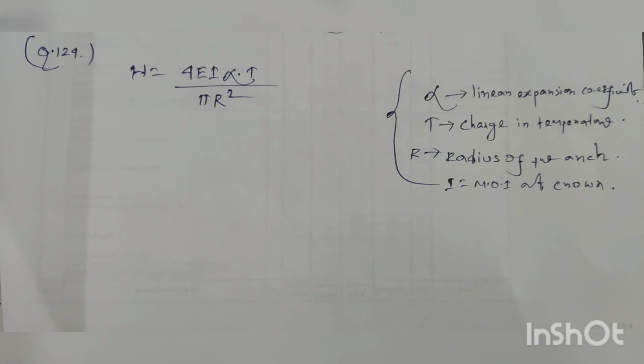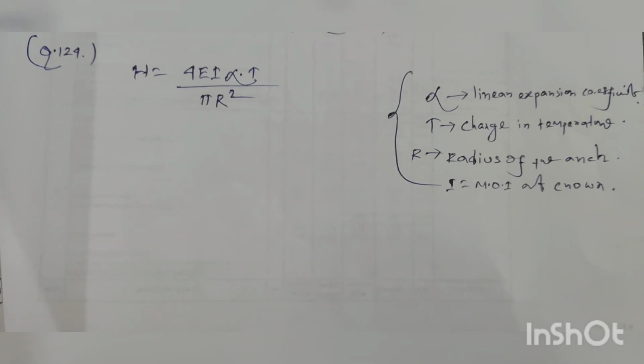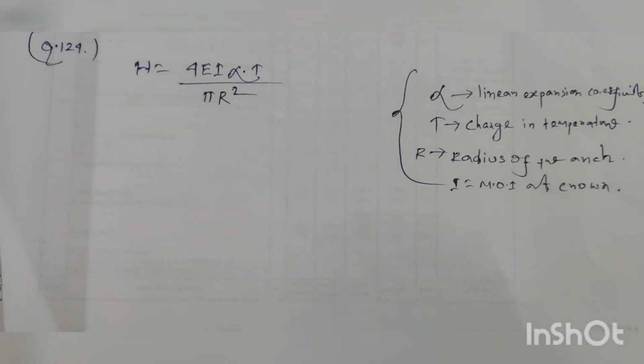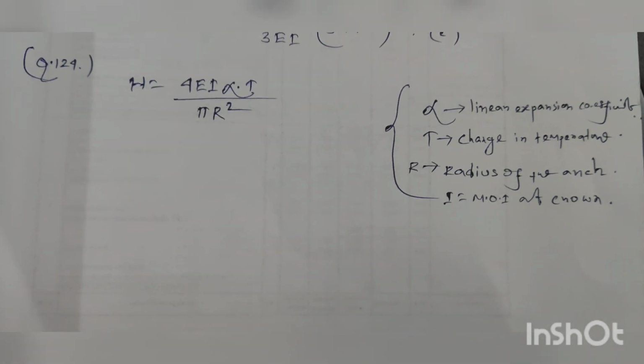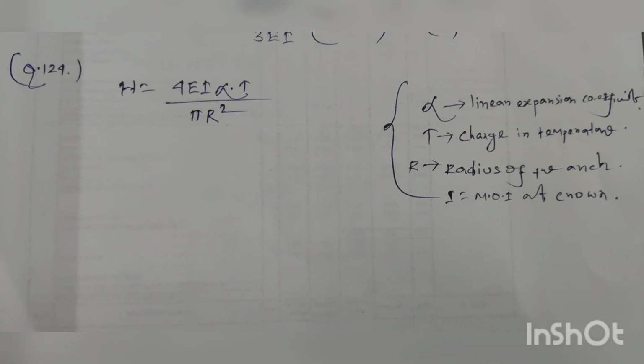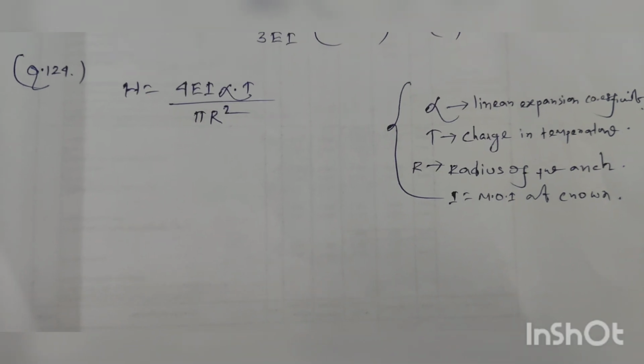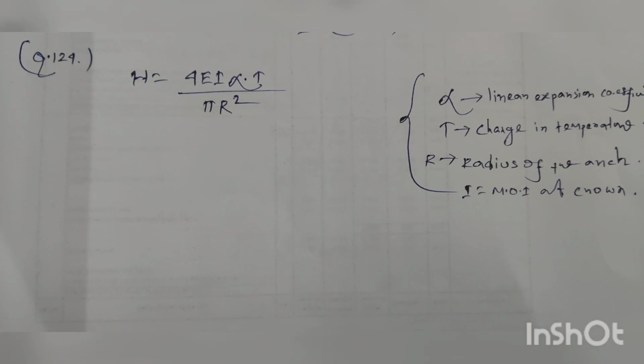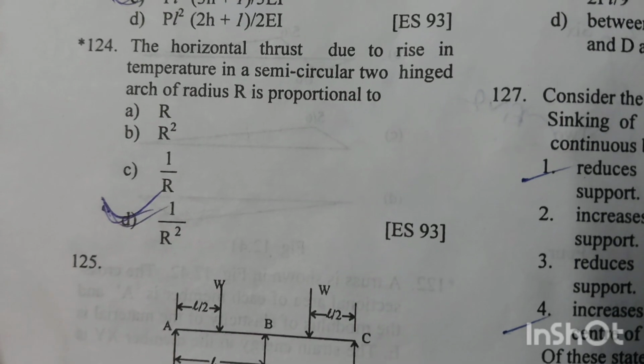Alpha is the linear expansion coefficient, T is the change in temperature, and capital R is the radius of the arch, and I is the moment of inertia at the crown of the arch. So from this formula we can easily say the horizontal thrust H is inversely proportional to the radius of the arch. Option D is the right answer.